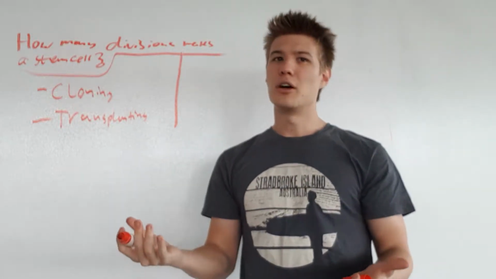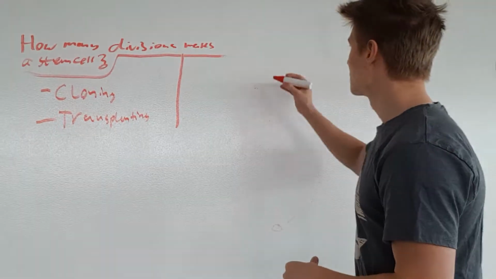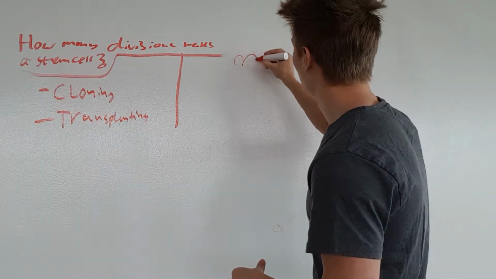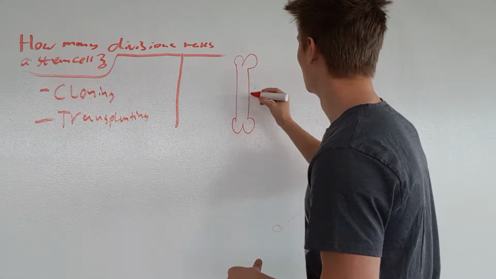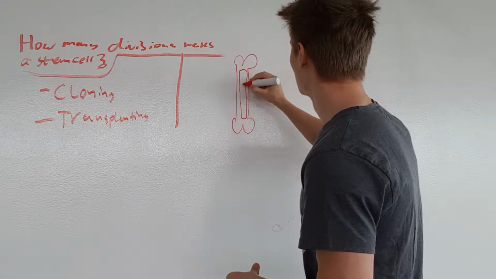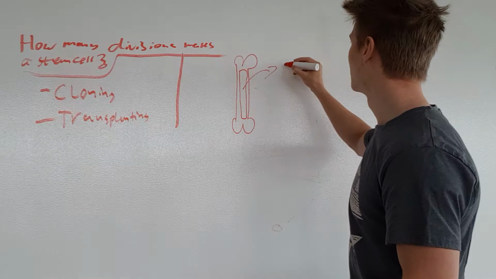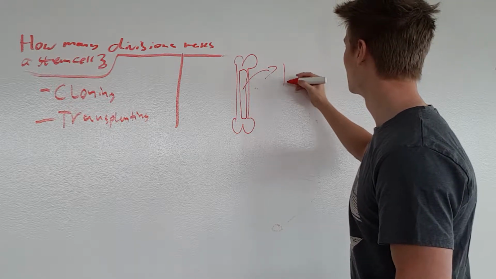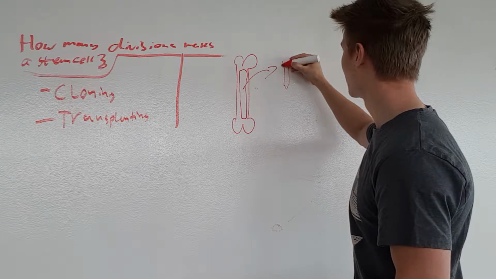And these stem cells were extracted, and so let's draw it. So you have the bone, and you take your bone marrow out, and then you purify it as best you can to get your hematopoietic stem cells.